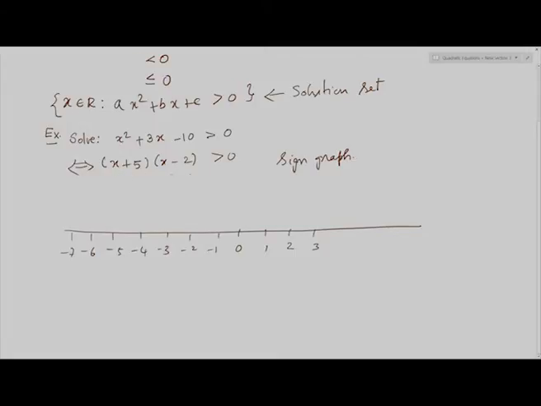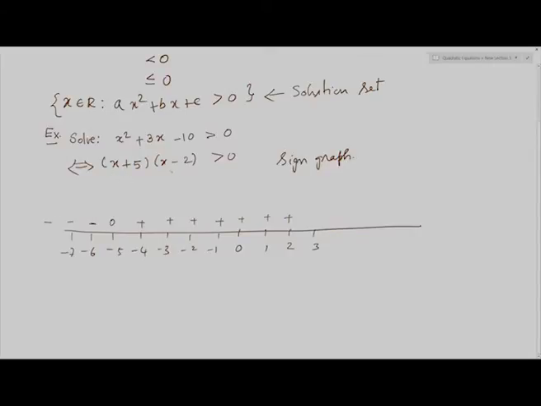It equals 0 when x is equal to minus 5. At x equal to minus 5 you put 0, and on the right side you put plus signs for all the numbers, because this factor is positive there, and on the left side of the 0 you put negative signs. This is what we have done for x plus 5.